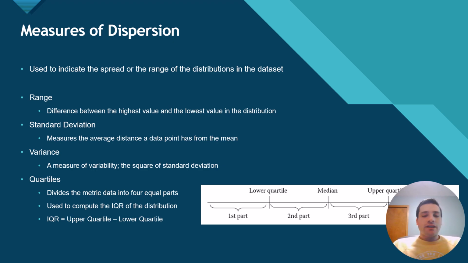Quartiles divide the metric data into 4 equal parts, which you can see in the diagram on the right. Quartiles are also used to compute the interquartile range of the distribution, which is equal to the upper quartile minus the lower quartile, essentially the range from the lower quartile to the upper quartile.